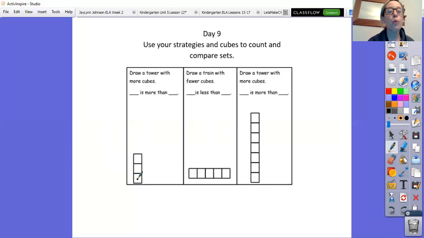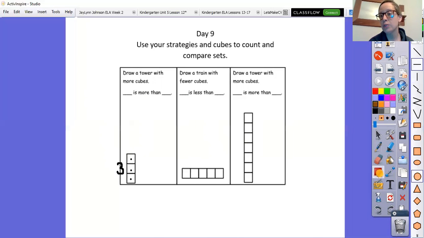Ready? 1, 2, 3, okay? So this one has 3. Now it's telling me that I need to draw something more than 3, okay? So if at home you have your cubes, I would make a set of 3 and then make another tower that's slightly bigger, okay? Right now I don't have any cubes, so I'm going to draw them for you, okay?